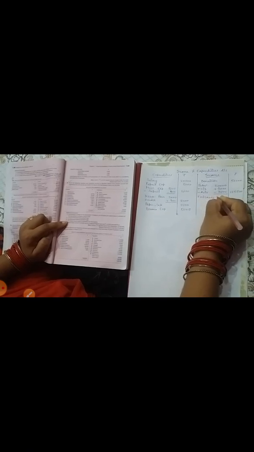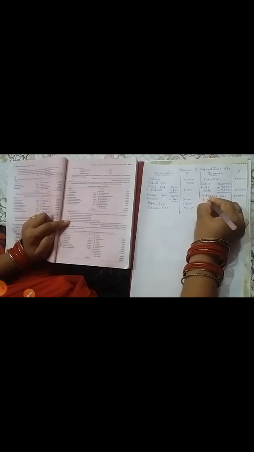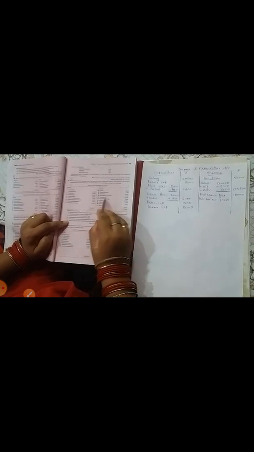Okay, next is entrance fee. Entrance fee you can write down directly: 10,000. Next is interest on investment. Interest on investment is 1,000. And in additional information, the fourth point, 8% interest has accrued on investment for 5 months. Investment is given as 60,000. Here you have to calculate interest in this way, in a working note.